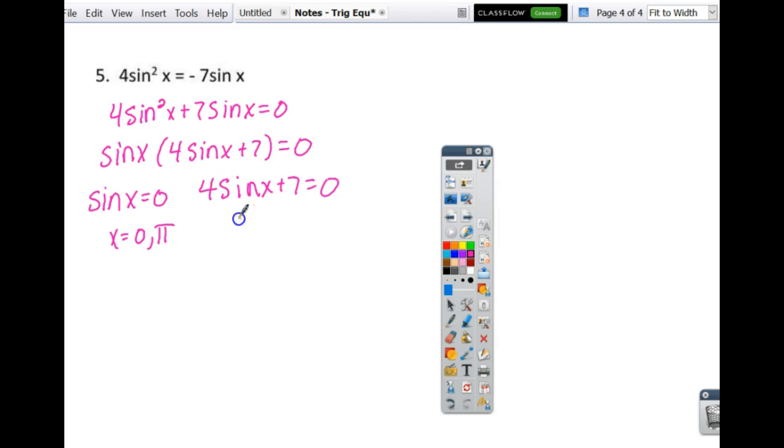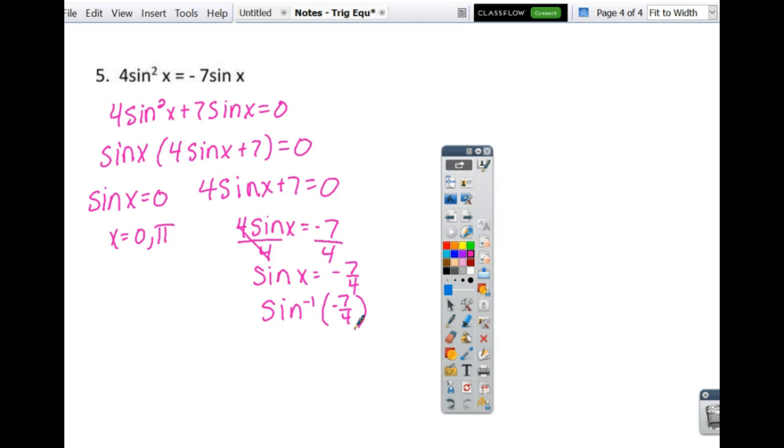So on this one, when I subtract the 7 and divide by 4, I want the negative, right? What am I going to type in the calculator, though? Positive. That's going to give you your reference angle, but where is sine negative? Which quadrants? In the third and the fourth.